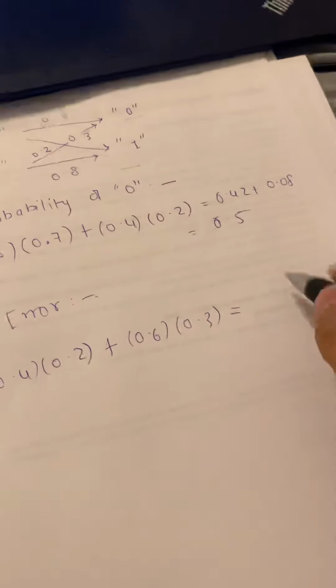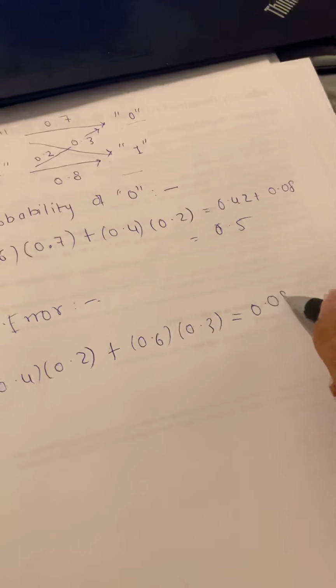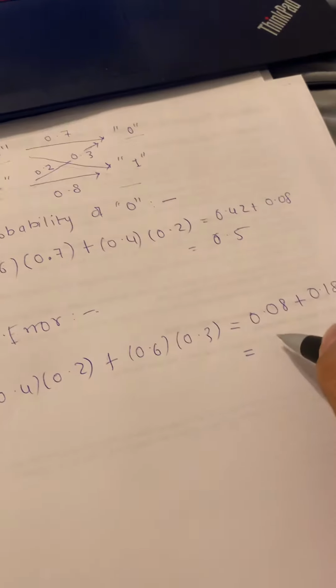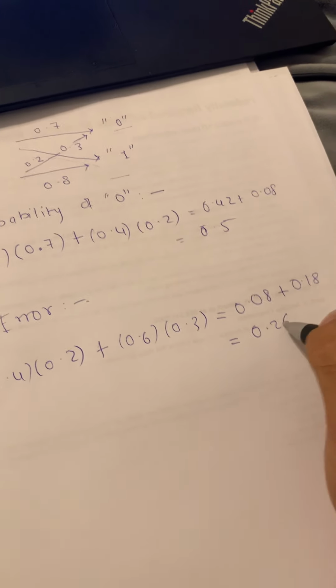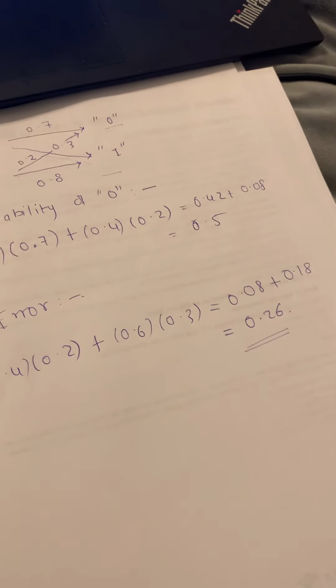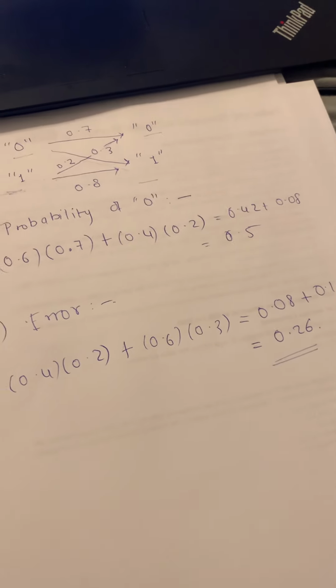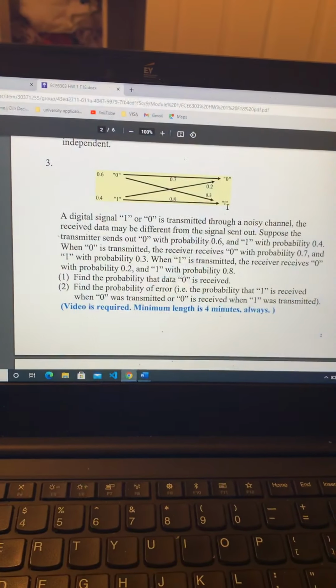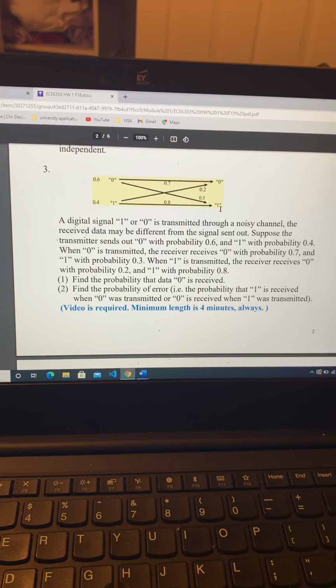So this comes out to be 0.08 plus 0.18, which turns out to be 0.26, which is the probability of error. So this was the answer to the second question, and thank you so much for listening.